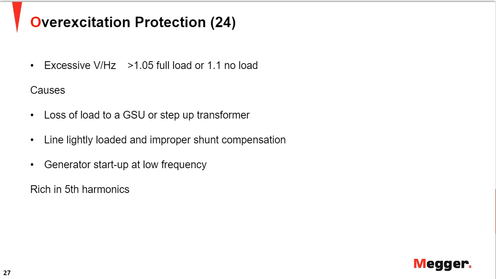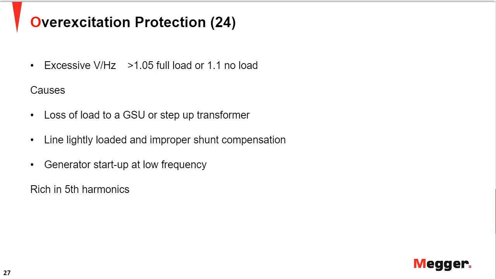So they're not designed to handle this excess of flux during an overexcitation condition, which can cause severe heating in the transformer, and eventually your transformer would break down, and you could have a problem with your windings and insulation and all that.